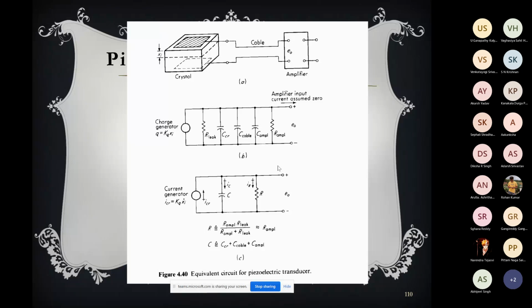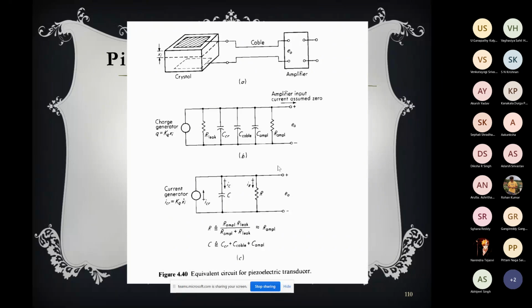So if you can reduce this circuit, we have three capacitances in parallel and two resistances are also in parallel. So three capacitances can be combined as they are in parallel. So C equivalent will be CCR plus C cable plus C amplifier, and R equivalent will be R amplifier into R leakage divided by R amplifier plus R leakage, which is nearly equal to R amplifier, because the R leakage resistance is very, very high.